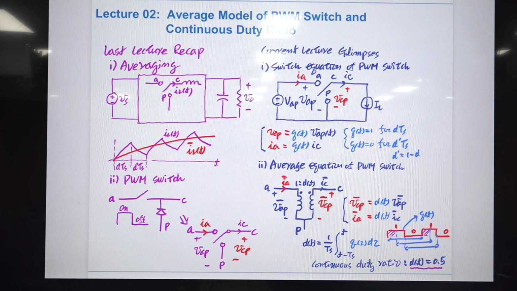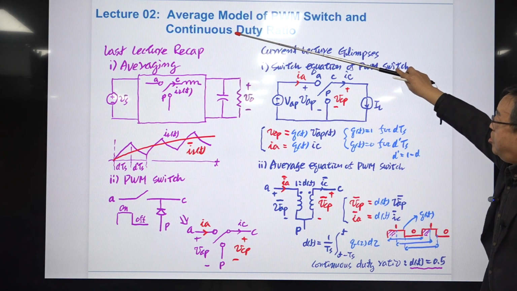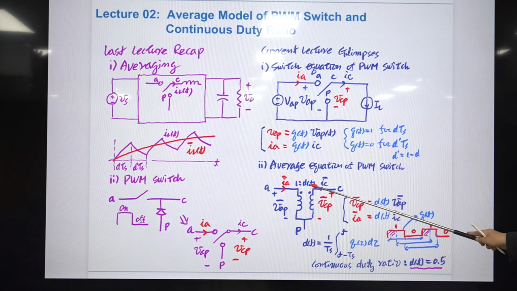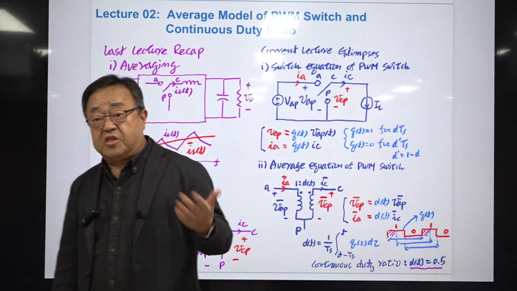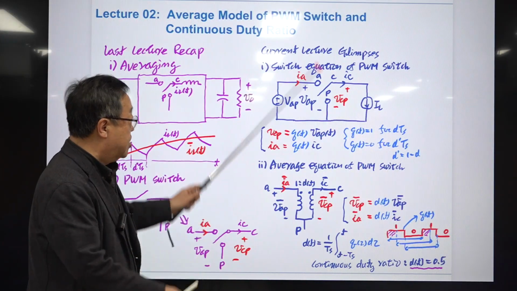That is called the average model of the PWM switch. And this continuous duty ratio is used as the turns ratio in this ideal transformer representation. In the next slide, we'll discuss the entire details about this.